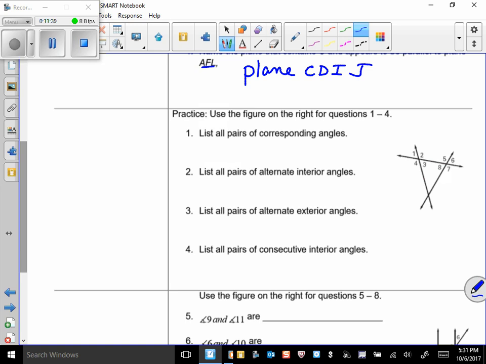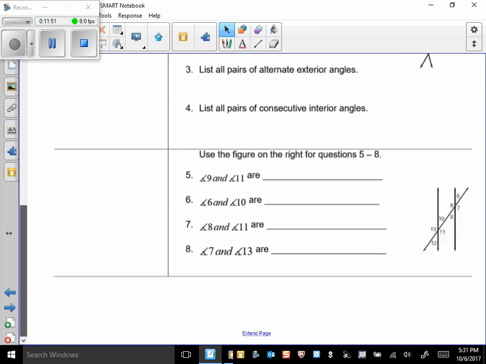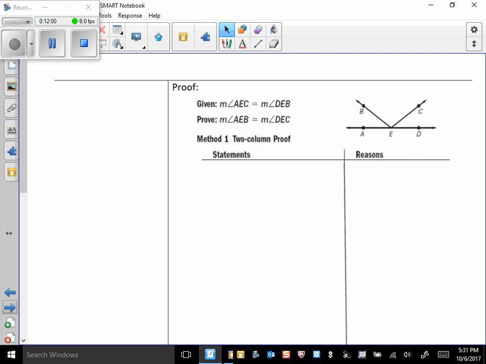So that's really about it for this lesson. So I would like you to pause right here and go ahead and work the rest of the problems on this page. There's 4, so 8. So you've really just got 8 questions to answer. And then when you look on the next page, we have a proof.